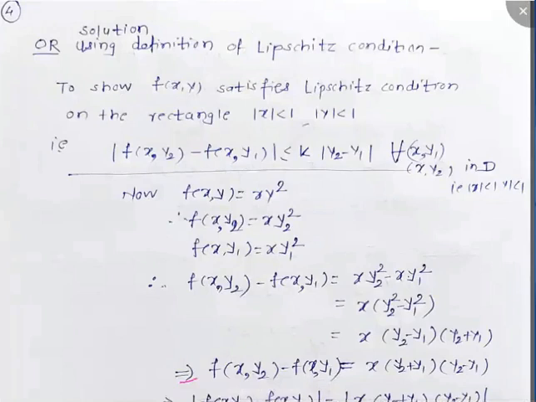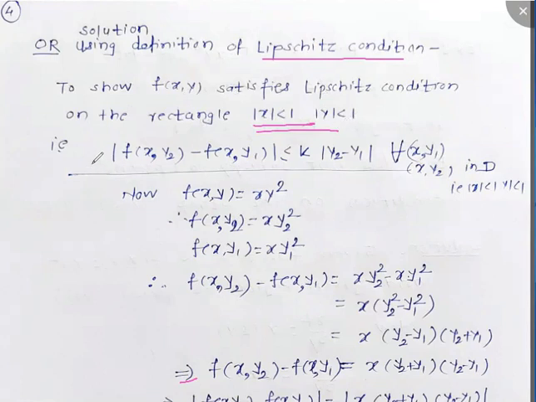Now, can we use the definition of the Lipschitz condition? Let us use the definition and show that the same problem satisfies the definition of the Lipschitz condition. To show that xy squared satisfies the Lipschitz condition on the rectangle, the first region is a rectangle, mod x less than 1, that is x is in between -1 and +1, y is also in between -1 and +1.